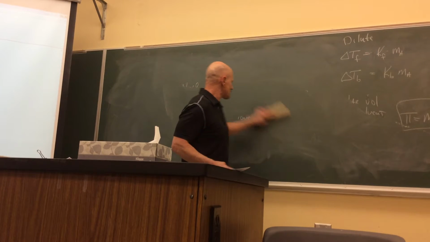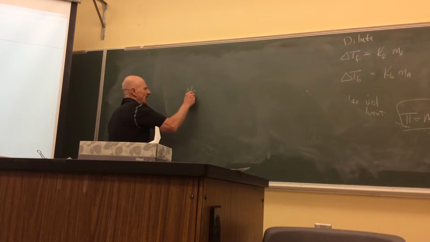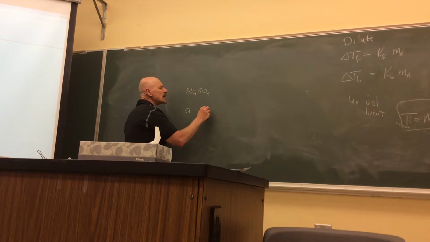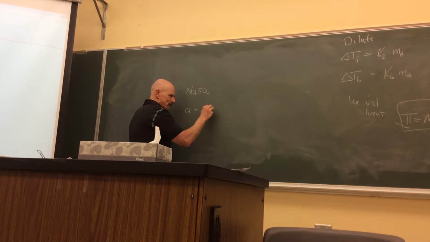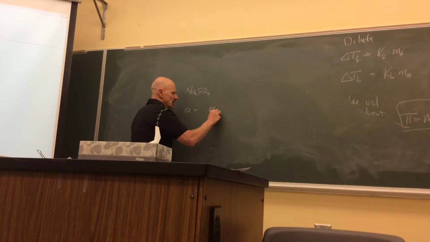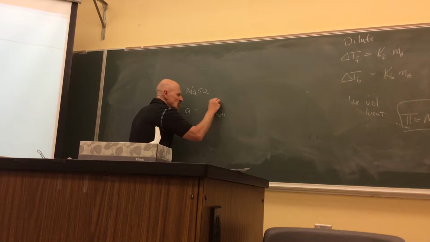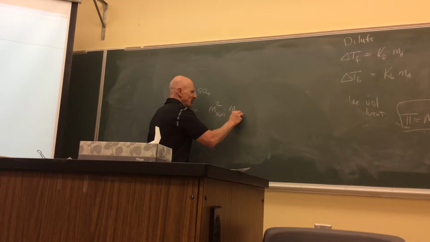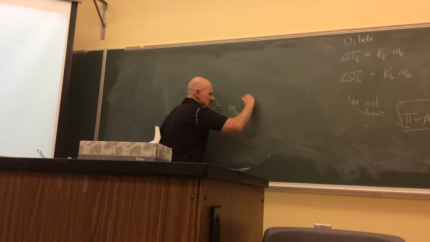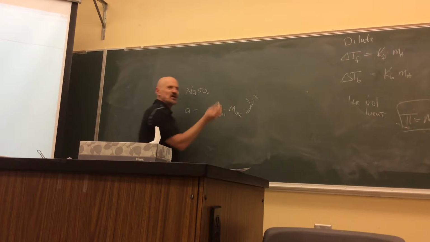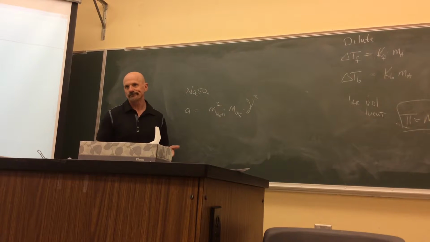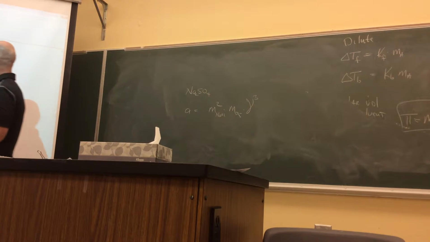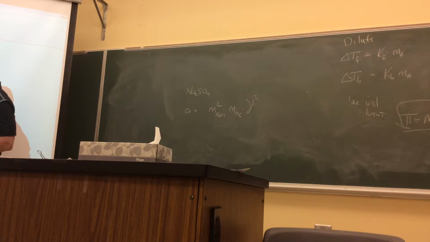For Na2SO4, the activity will be the molarity of the sodium ion squared times the molarity of the sulfate ion times the activity coefficient, now cubed. You add those numbers together. Unfortunately we have to do that, but that's the way it is. So I had a 0.5 one here, so I take the 0.5 squared and I get 0.0338.